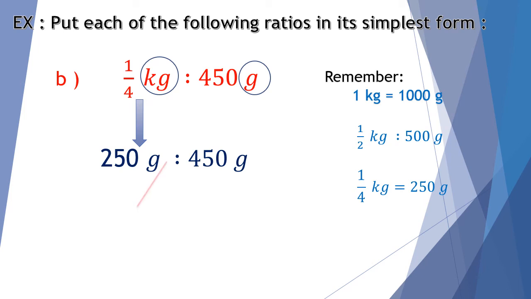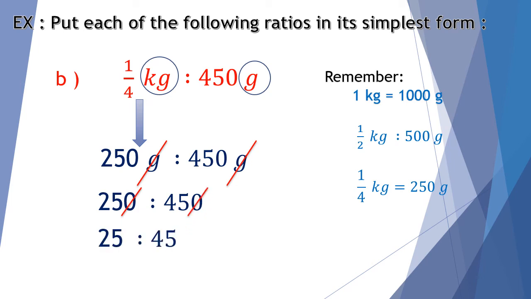Now we have the same units. We can write the ratio in simplest form by dividing the two sides by 10. 250 divided by 10 equals 25.